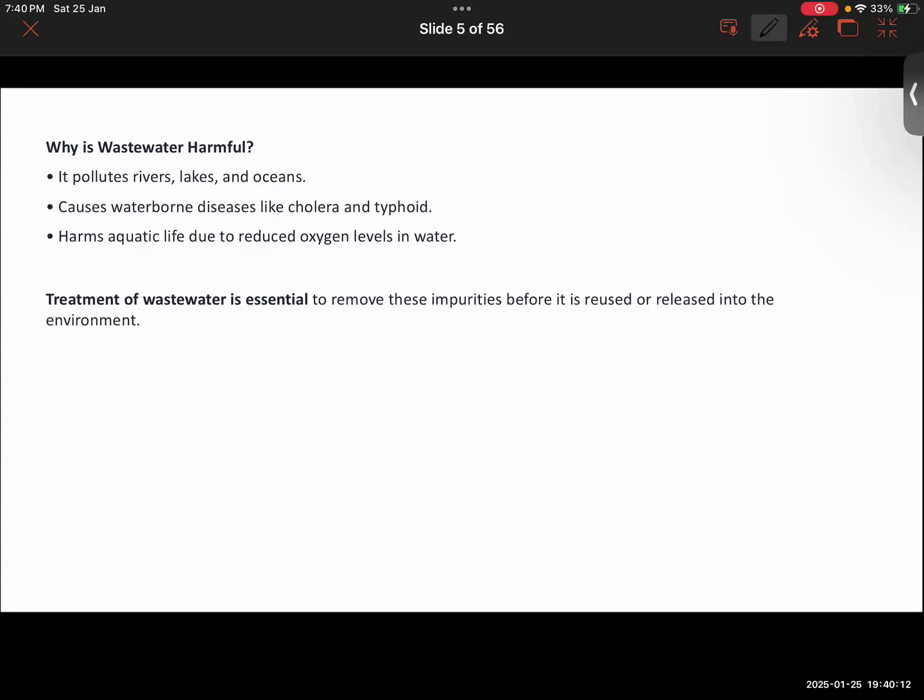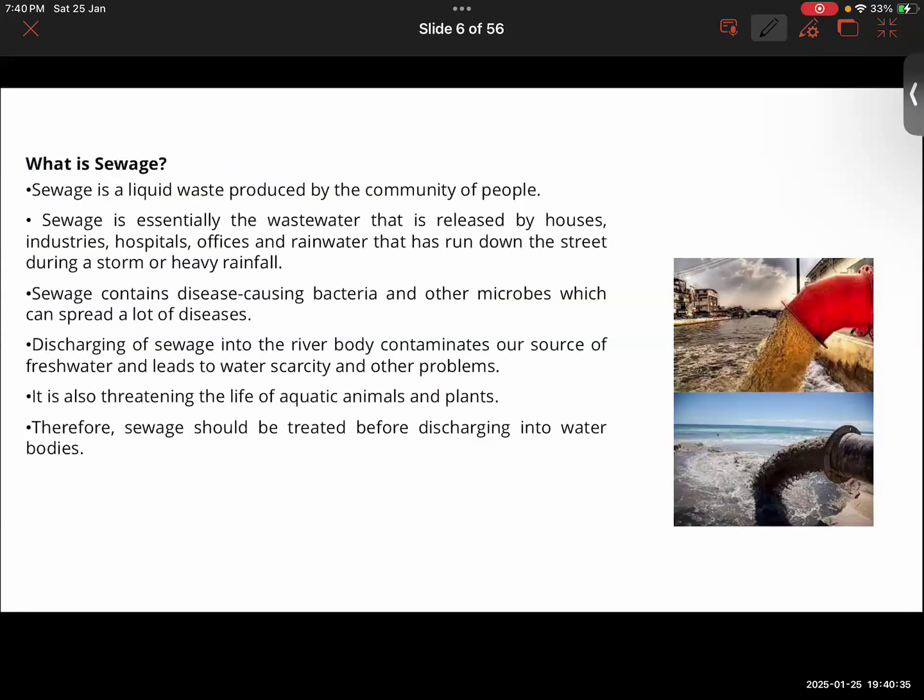The amount of oxygen in that water body starts to decrease, so the fishes and plants will also start to die. Hence it becomes very essential to treat the wastewater. Whatever impurities are present in the wastewater should first be removed and then it should be released into the environment. Getting it?